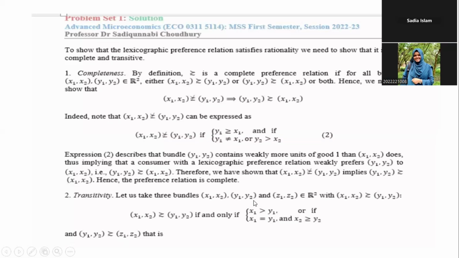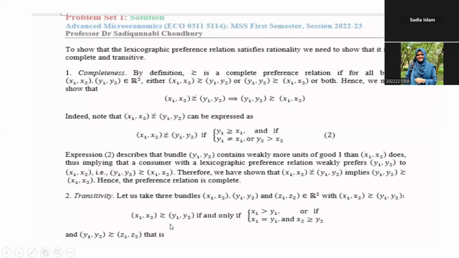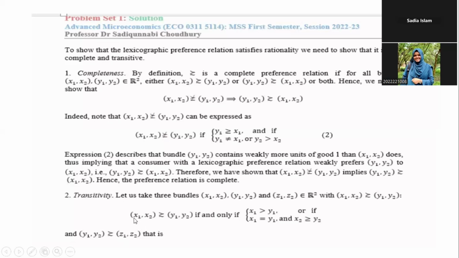So mathematically, we see three bundles X1, X2, Y1, Y2, Z1, Z2. These are all the quantities of our three groups. In this mathematical expression, we see that bundle X1, X2 is weakly preferred to Y1, Y2 if and only if X1 is greater than Y1, or X1 equals Y1 and X2 is greater than or equal to Y2.